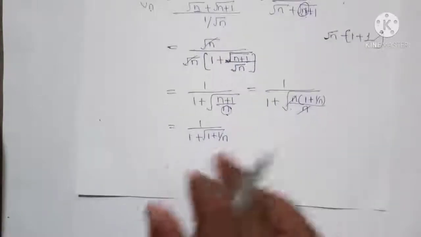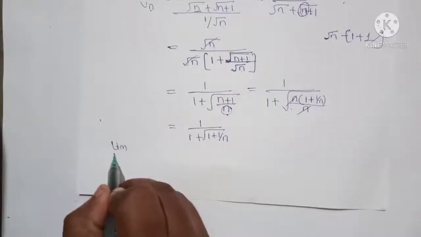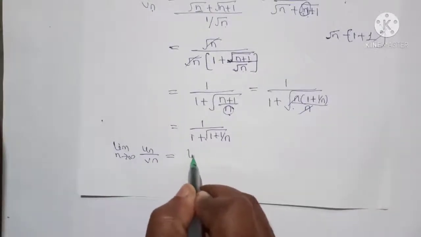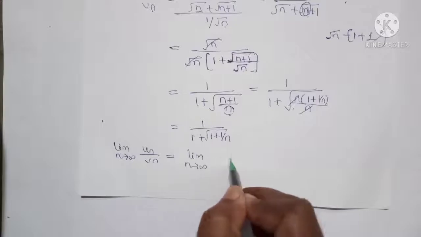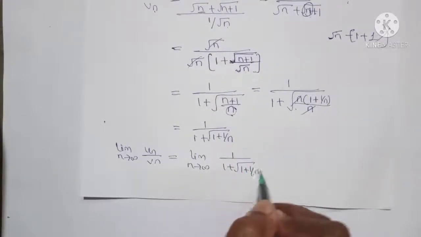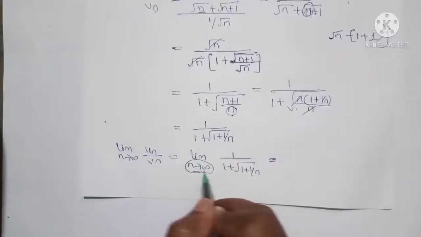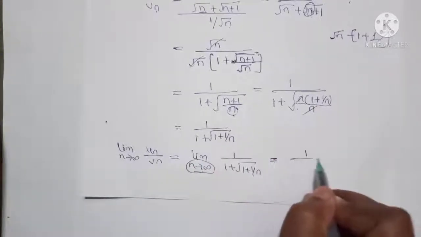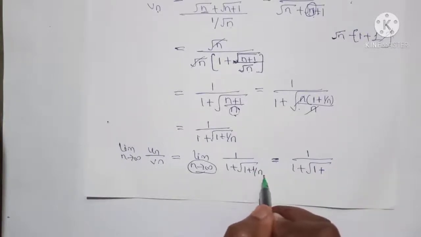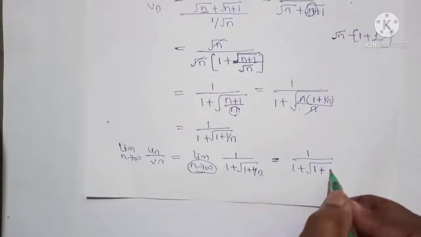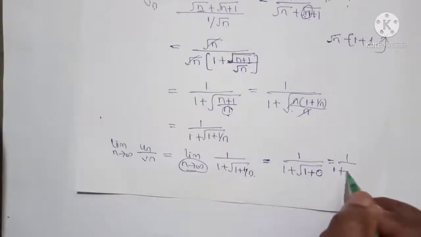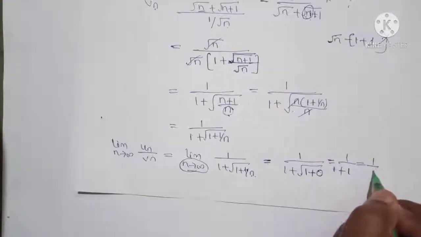So applying the limit as n tends to infinity, Un by Vn equals the limit as n tends to infinity of 1 divided by 1 plus root of 1 plus 1 by n. Now applying n tends to infinity, we get 1 divided by 1 plus root of 1 plus 1 by n, which means it is 0. 1 divided by 1 plus root of 1 equals 1, we get 1 by 2.